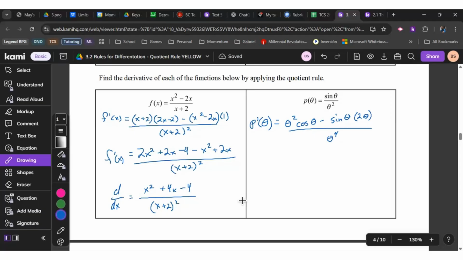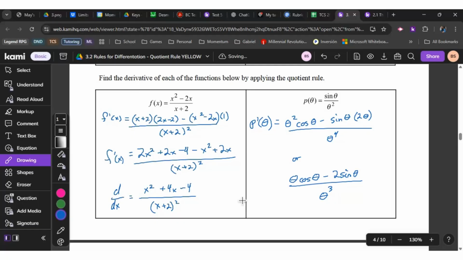Now, technically speaking, if you wanted to, you could cross out one of those thetas, because there's a theta here, theta squared, and theta. So you could simplify it as theta cos theta minus 2 sine theta over theta cubed.